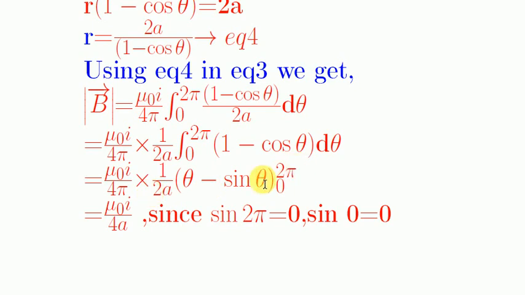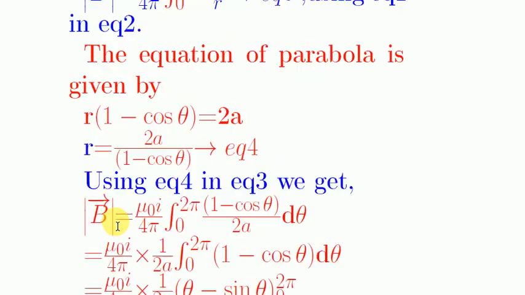If we use the upper limit and lower limit, then we can easily get mu 0 times I by 4 pi, since sin 2 pi equals 0 and sin 0 equals 0.